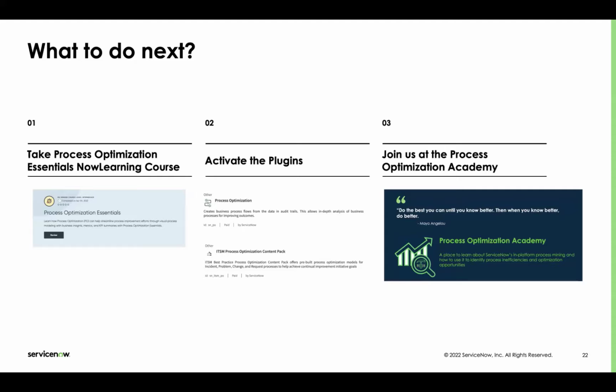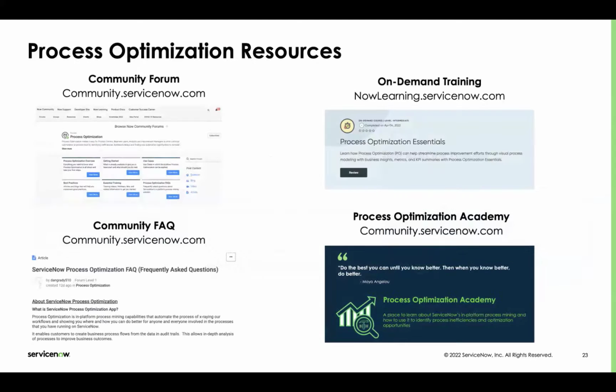Some of them we post to the community page because we need to do a little bit of research. And some of them we'll turn into future Process Optimization Academy sessions. We've done a few of these sessions already. They're recorded and posted out there on the community. So if you want to go back and learn a little bit more or see similar stuff to what we talked about here today, you can go out there and take a peek.